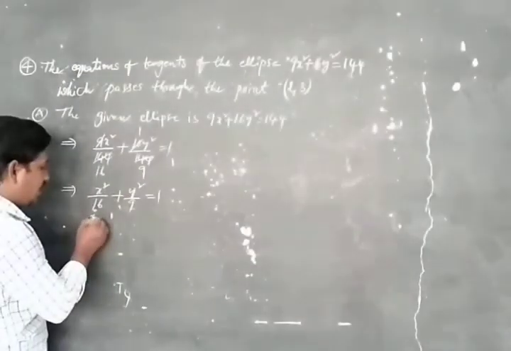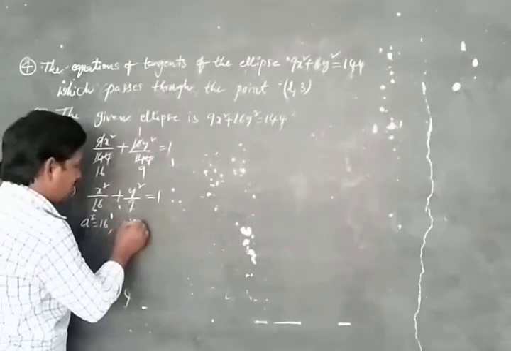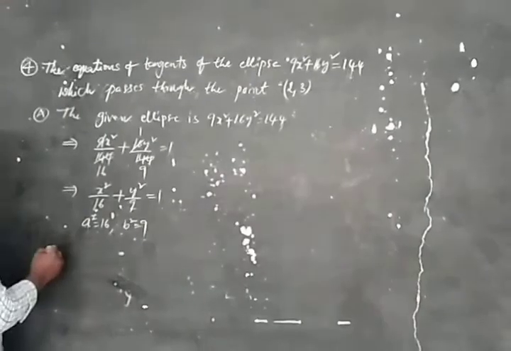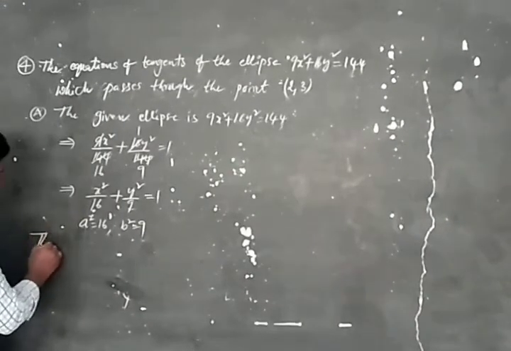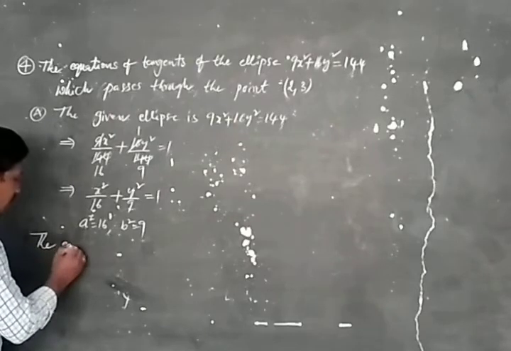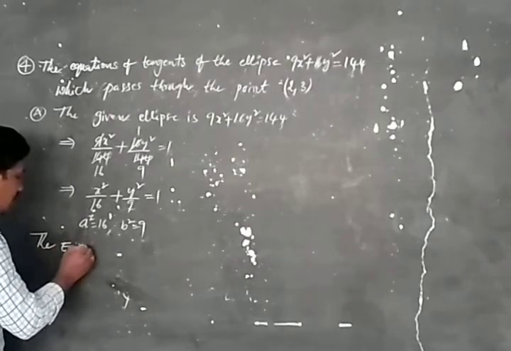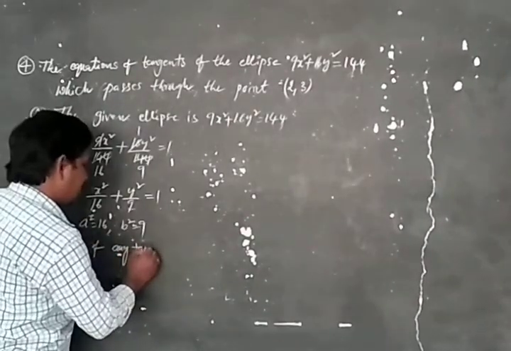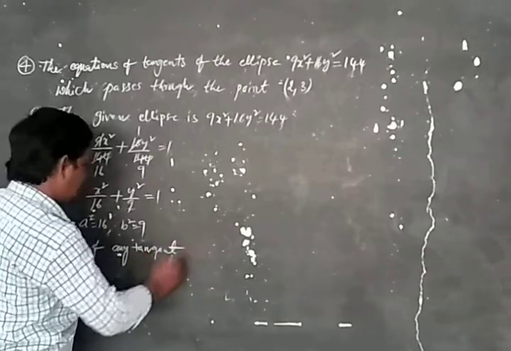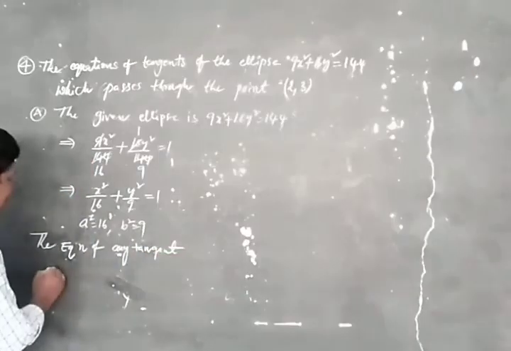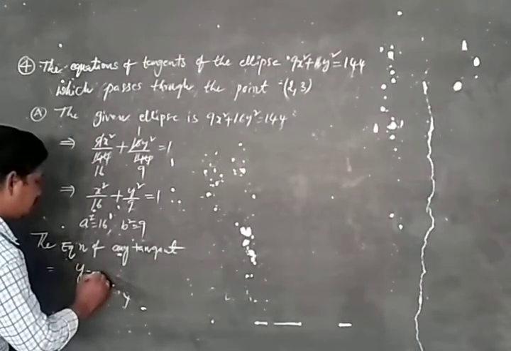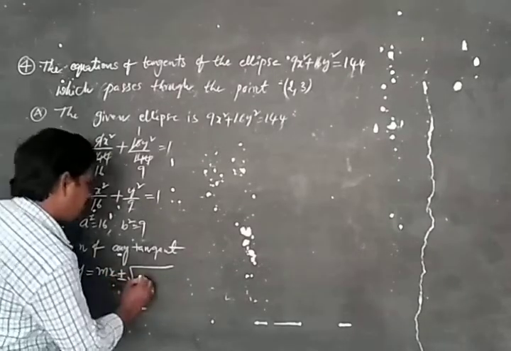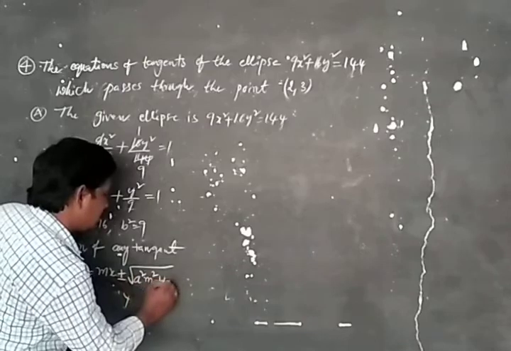Here a square equal to 16, b square equal to 9. The equation of any tangent is y equal to mx plus or minus root of a square m square plus b square.